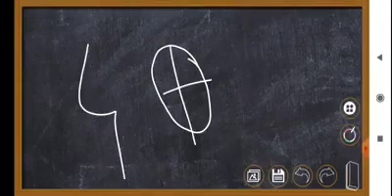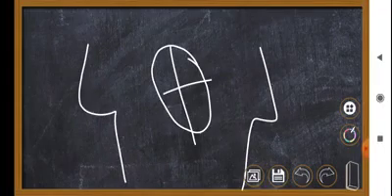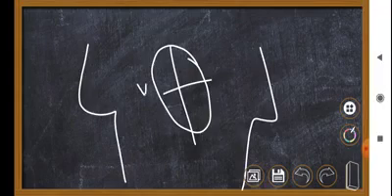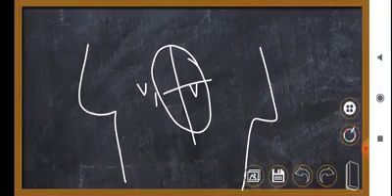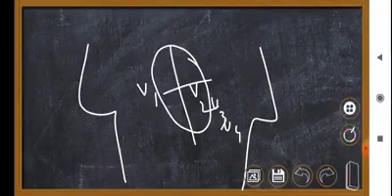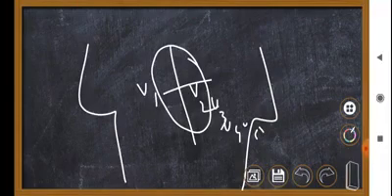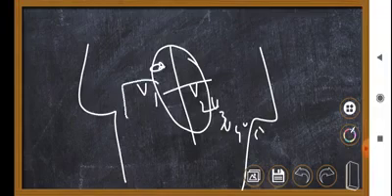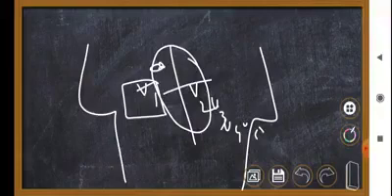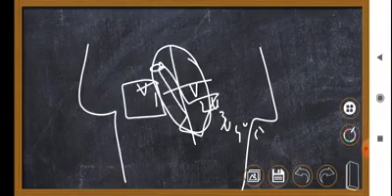Now coming to the precordial leads, suppose again this is the heart, and now we are attaching precordial leads. V1 is here, then V2, V3, V4, V5 and V6, and current is being generated here. Lead V1 is on the right side at the precordium, and the flow of the current is in this direction.